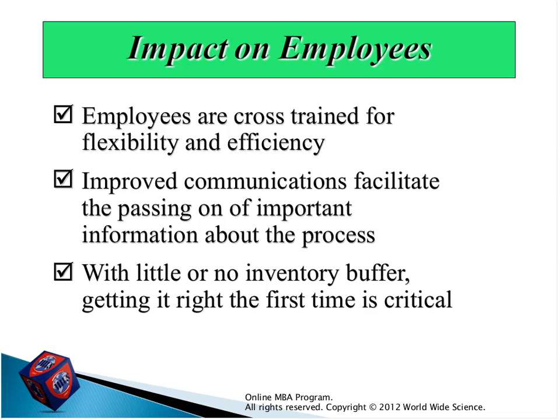With little or no inventory buffer, getting it right the first time is critical. So the information among the employees is very, very important. I mean the following of the information.